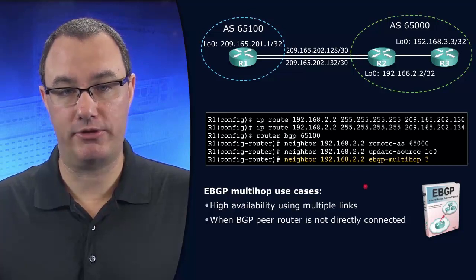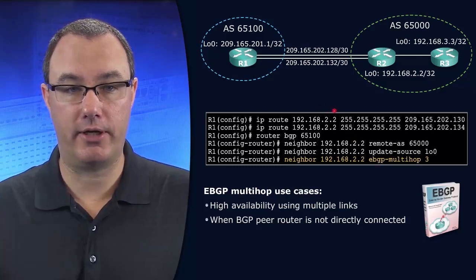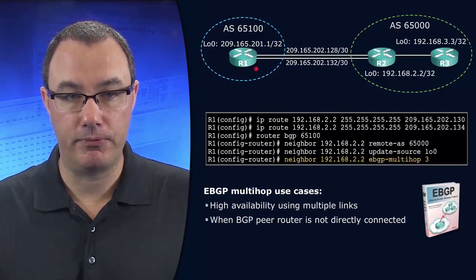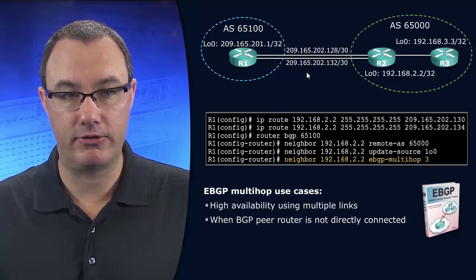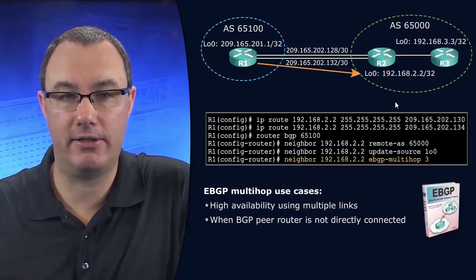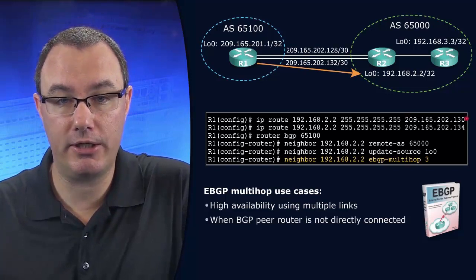But if you want to, you could do the following. This is a pretty complex config. First, you build in static routes to the opposing ends loopback interface. And you say, here's two different ways of getting to that IP address. Both are equally good.